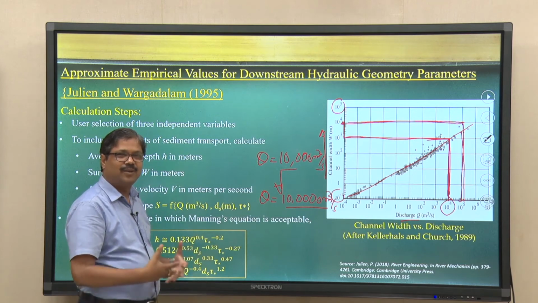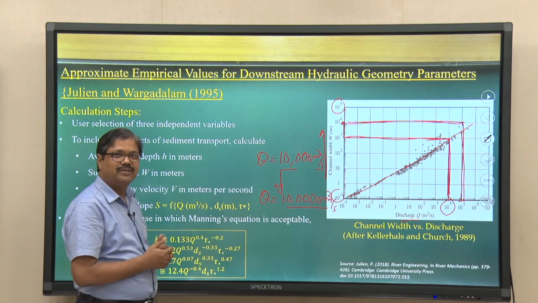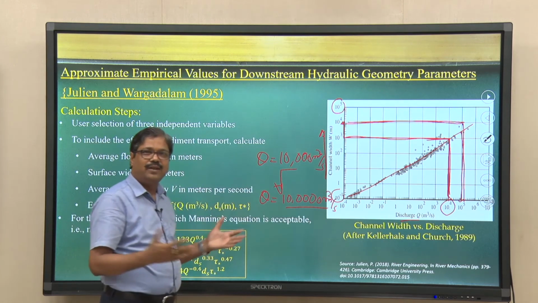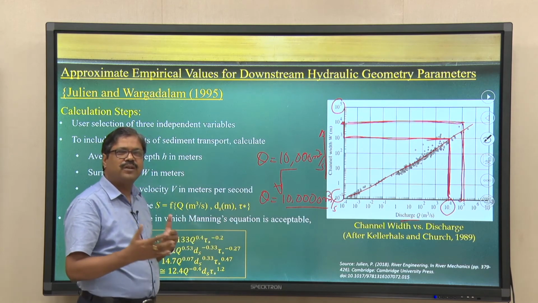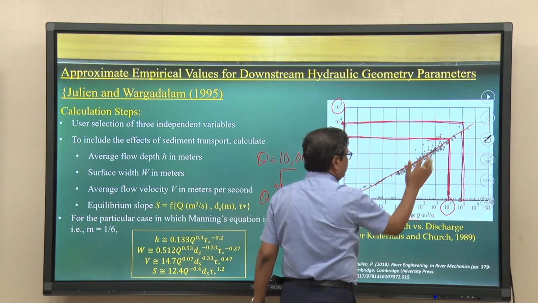That is the strength of the Brahmaputra river. By seeing the width of the river we can know the approximate range of the discharge, because this data is plotted for real rivers.